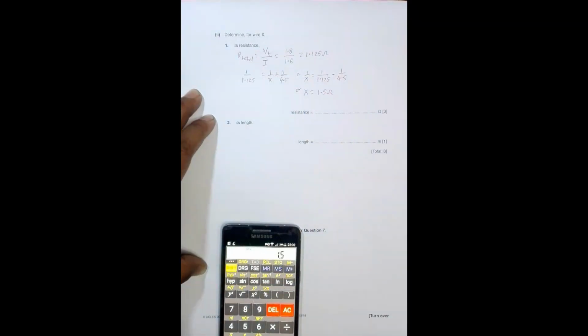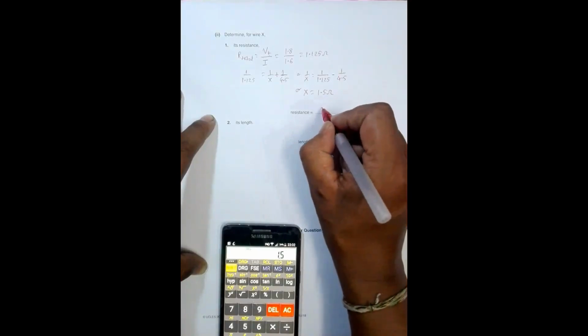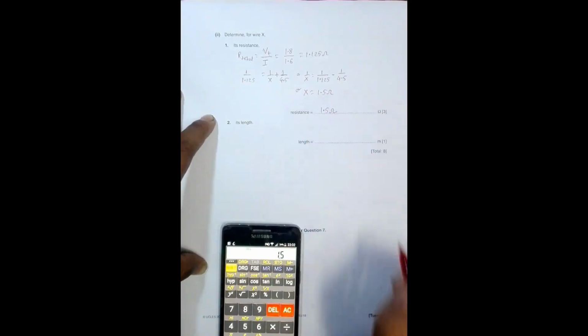So the value of resistance in wire X is equal to 1.5 ohm.